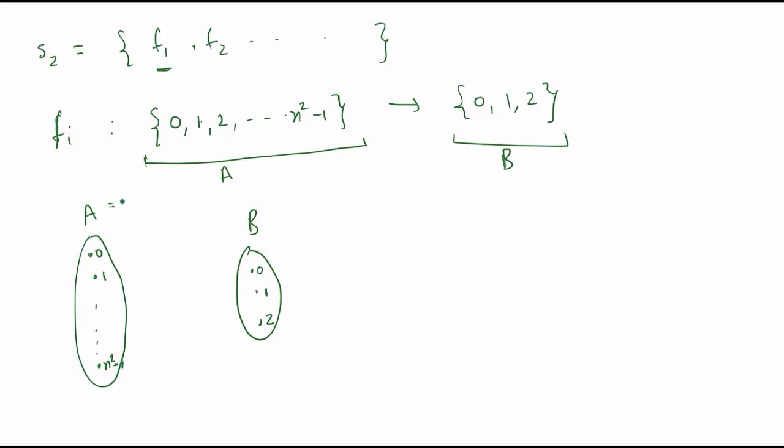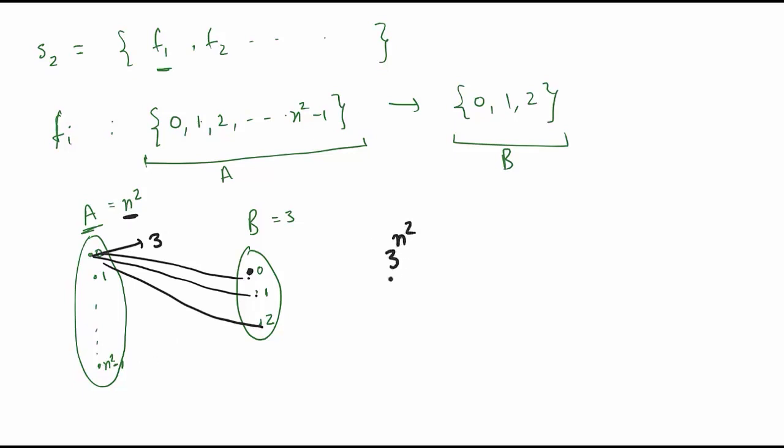How many such functions are possible from A to B? For every element of A, we have three choices. I can map this 0 to 0, or to 1, or to 2. So there are three choices for every element, and there are n square elements in total. That's why I have 3 power n square such functions.